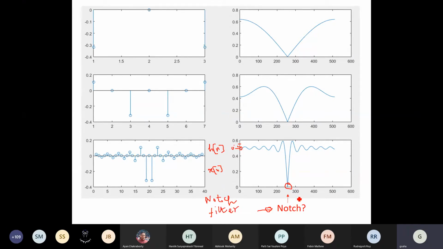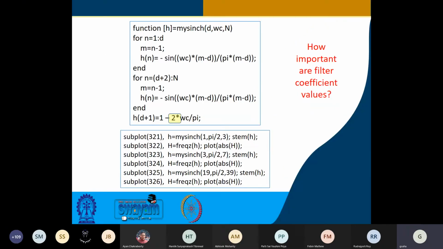Okay. Now, if you can recollect, this was 512 and this you can see around 256, because pi by 2 was our cutoff frequency, isn't it? This is the pi by 2, right? Okay.